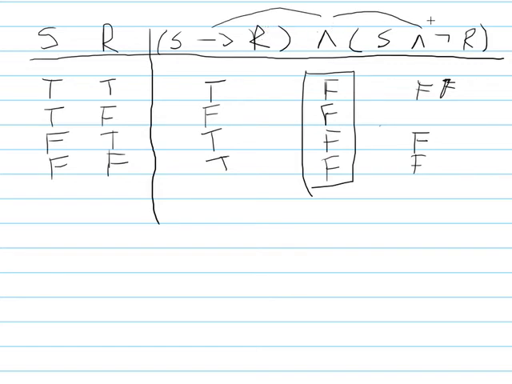So what we're doing with this entire sentence is we're conjoining a conditional with a specification of the case in which this has to be false. The case in which S is true and R is false is the one and only case in which if S then R is false. And that's why this entire conjunction is a logical falsehood.